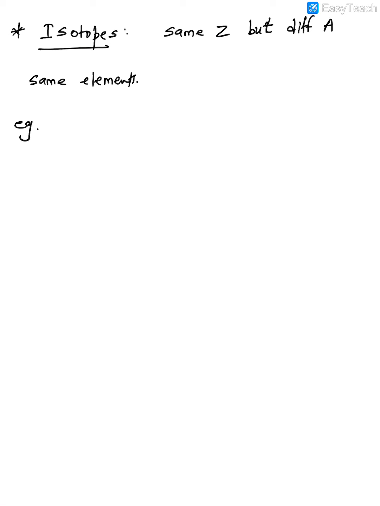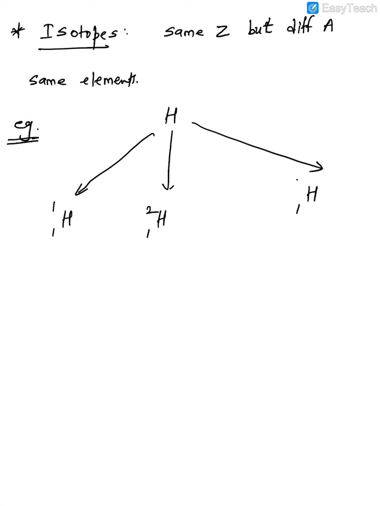There are many elements which have isotopes, like hydrogen, carbon, chlorine, tin, all of them. The example I'm considering right now is hydrogen. There are 3 isotopes of hydrogen: H11, H12 and H13.